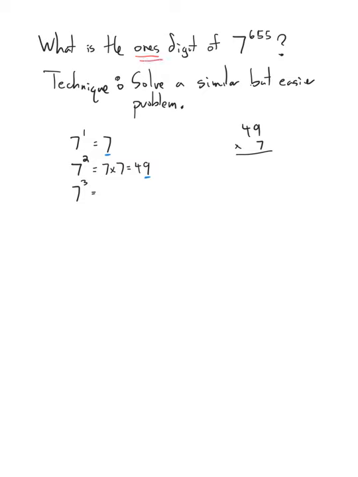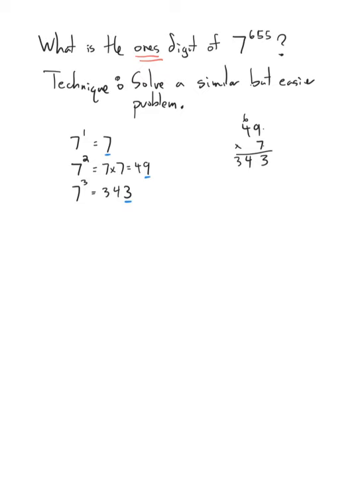We're just solving for the ones digit, and that's going to be very helpful to us. So let's do this multiplication. 7 times 9 is 63. Carry the 6. 7 times 4 is 28, plus 6 is 34. So this is 343. And here's our ones digit here.